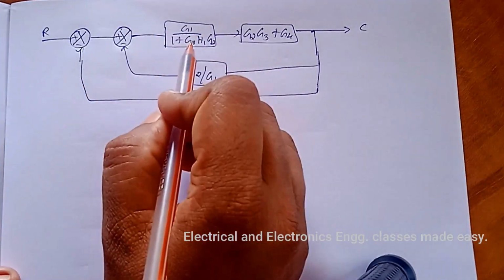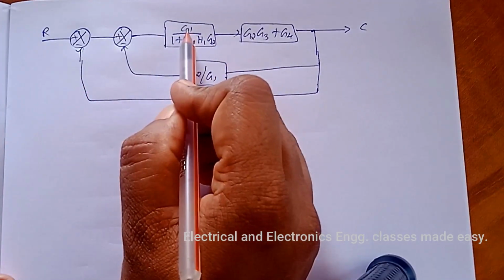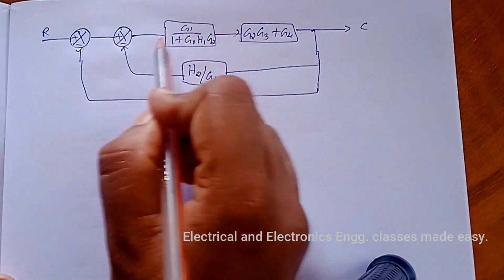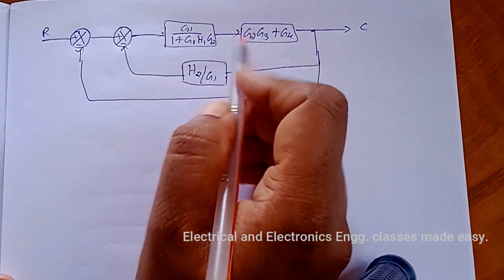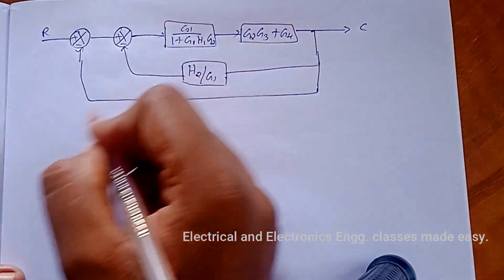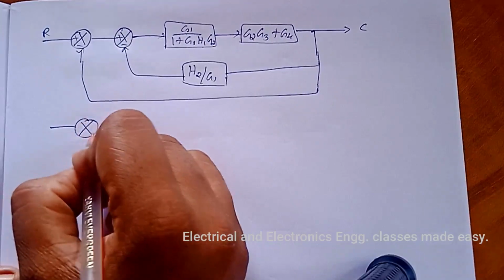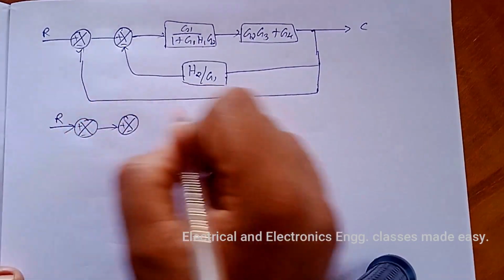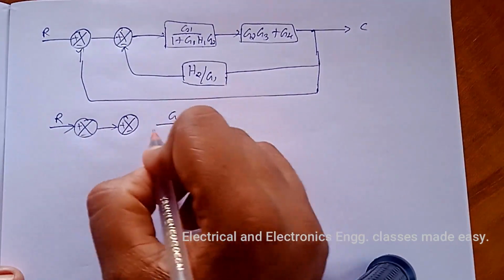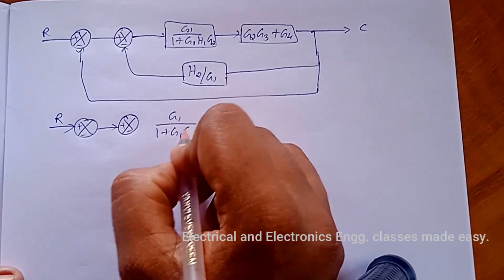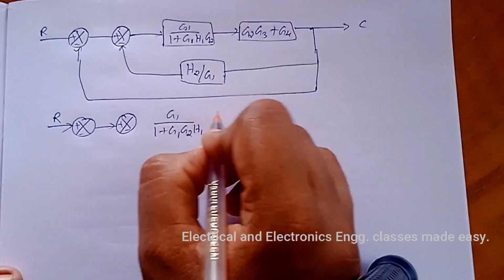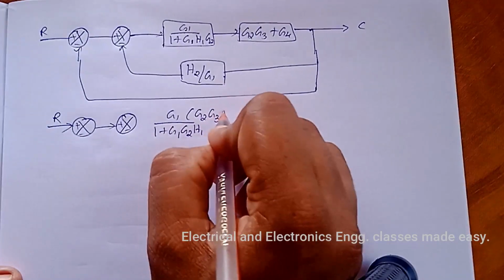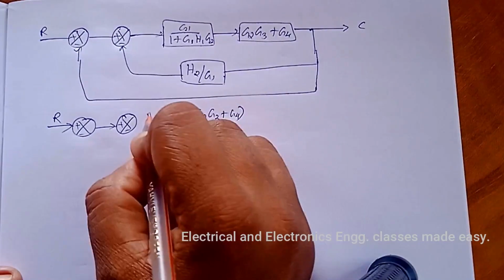Now these two blocks are in cascaded form, so we can combine these two blocks, that is G1 divided by 1 plus G1 G2 H1 into G2 (G3 plus G4).